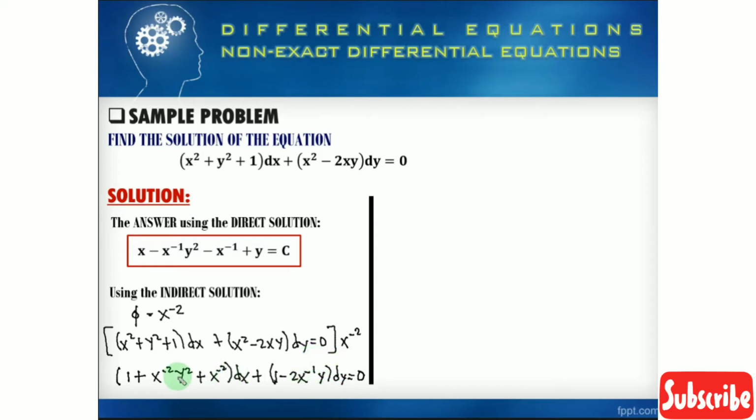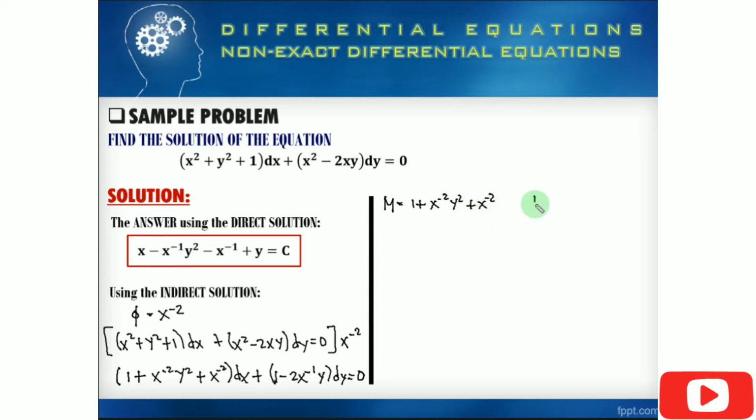By this form we can identify our M variable, from the form in which we multiplied the non-exact differential equation with the integrating factor. So we have this new form of M, which is equal to 1 plus x raised to the negative 2 y squared plus x raised to the negative 2.